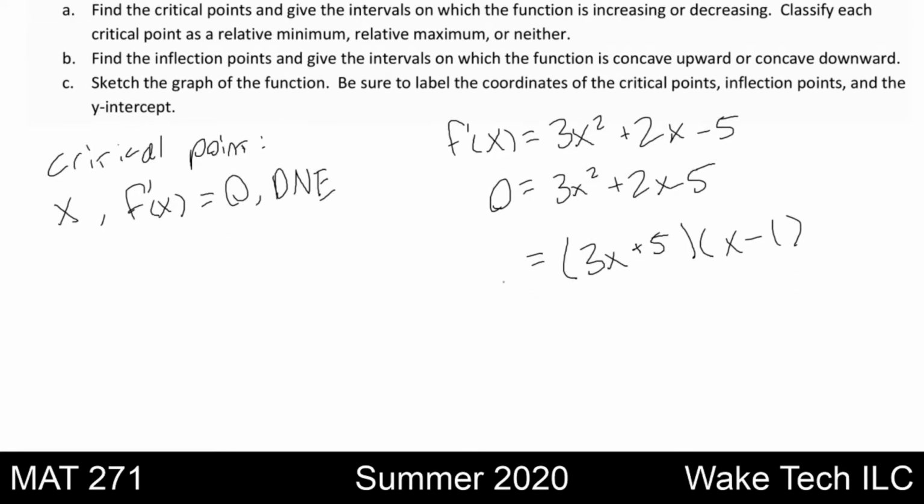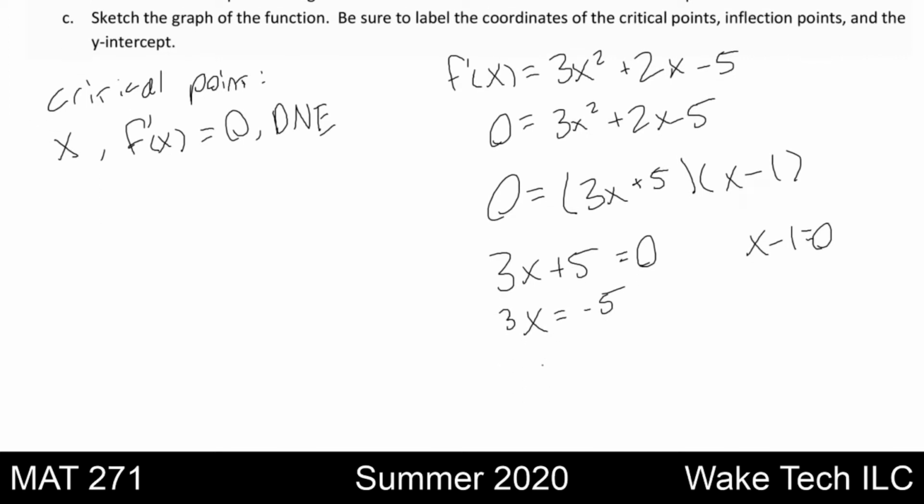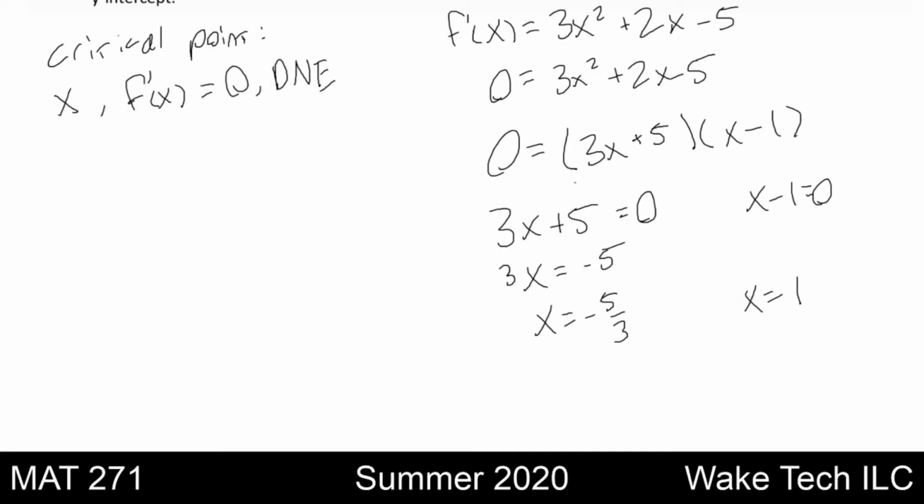Since this is equal to 0, we have two factors being multiplied that equal 0. That means we can set them individually equal to 0. That tells us that when 3x is equal to negative 5, or in other words, when x is equal to negative 5/3, or when x is equal to 1, f prime is equal to 0. That covers the 0 case. How about DNE?